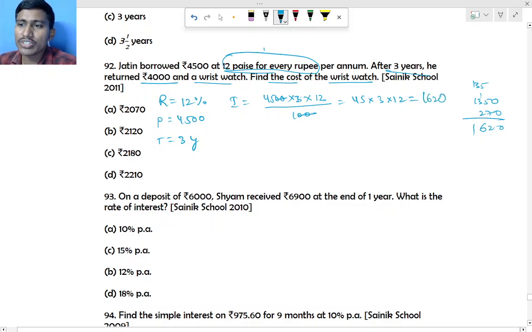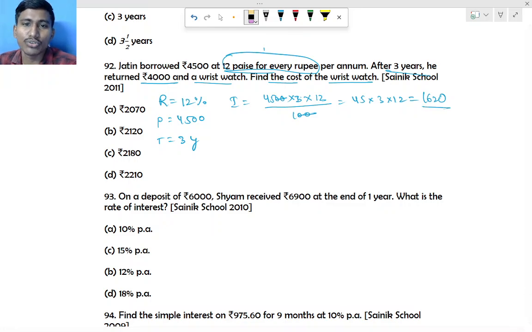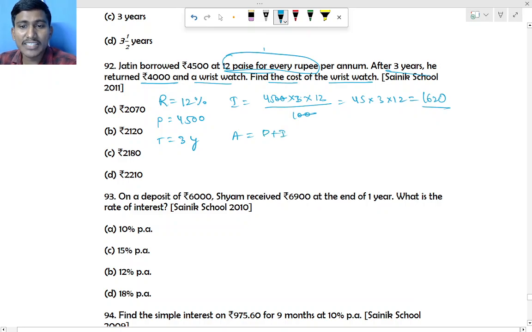So this is the interest now. Now amount will be how much? Principal plus interest. So principal is 4,500 plus 1620. Total is 6,120. Amount total is 6,120. He has to give Jatin this, right?